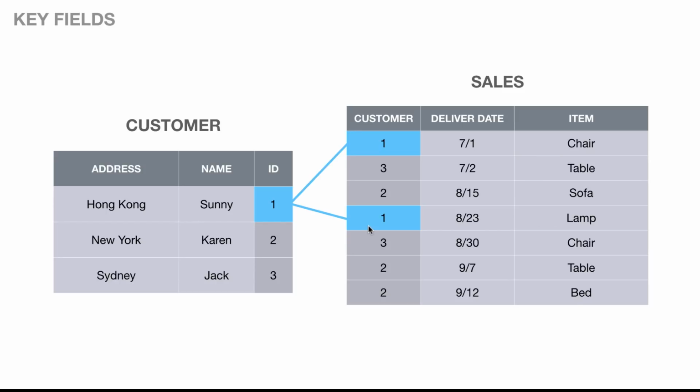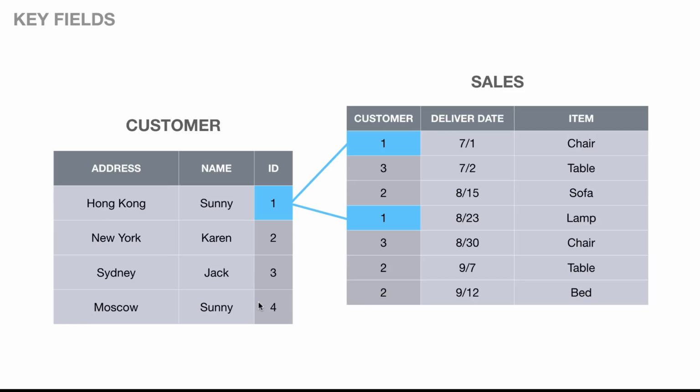And this is able to handle the two issues that we mentioned just now. So for example, if I decide to change my name to Chu, it doesn't really affect anything because it's connected with the ID but not with the name. I can change it to whatever I want and it still won't affect the table relationship. And let's say I change my name back to Sunny, but there's another Sunny from Moscow being added to the table.